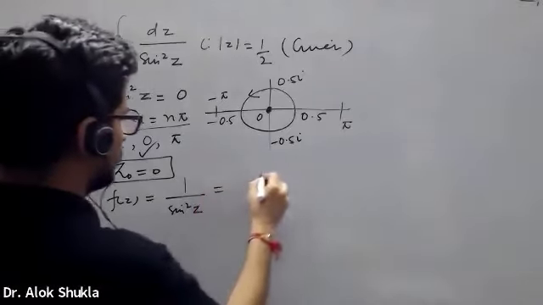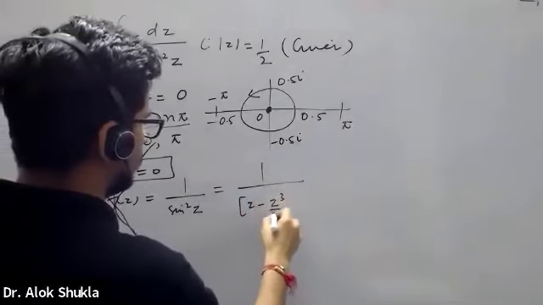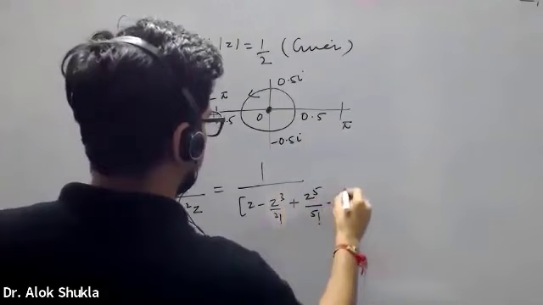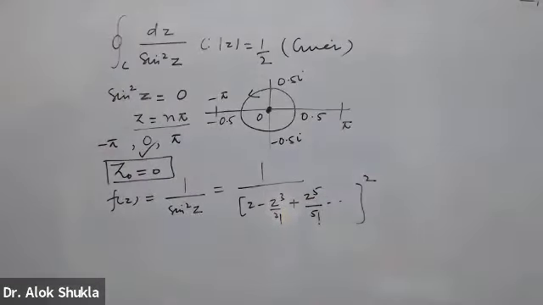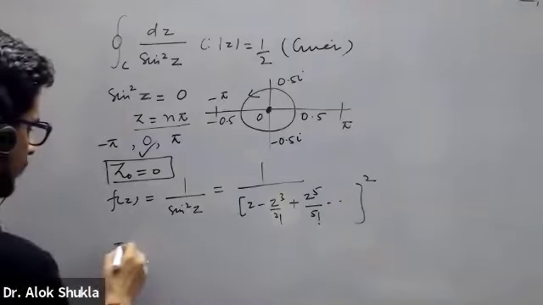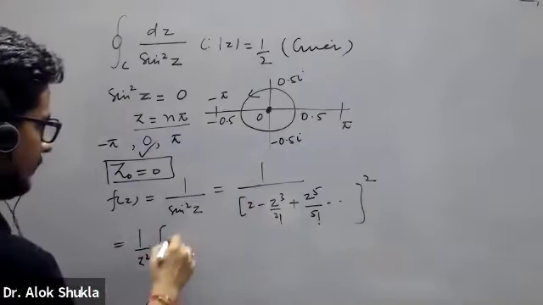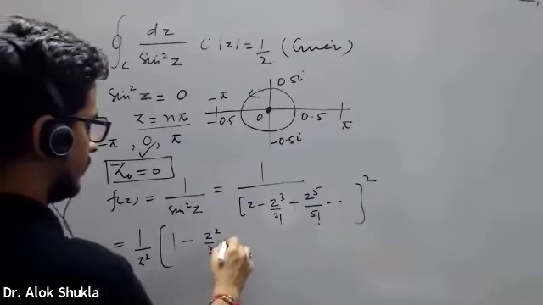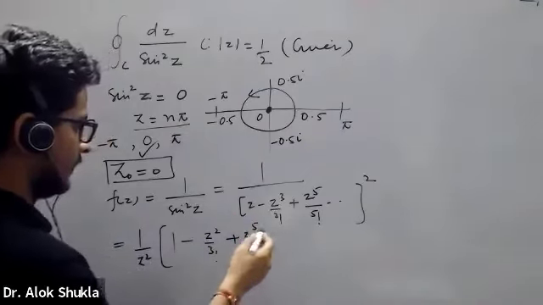So what I am going to do is, I will write it like this: z minus z cube by 3 factorial plus z to the power 5 by 5 factorial and so on, squared. Then I will take z common, so it will become z square, and it will go up, it will become 1 minus z square by 3 factorial plus z to the power 4 by 5 factorial.